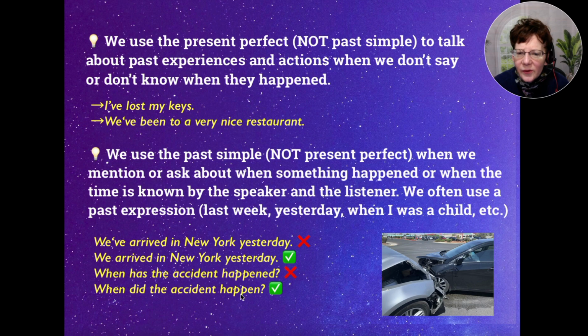All right, so when asking the question about when something happened, we can't use the present perfect. We would use did. All right, well, let's move on to a few sample exercises and test our knowledge here. I know that was a lot to take in.